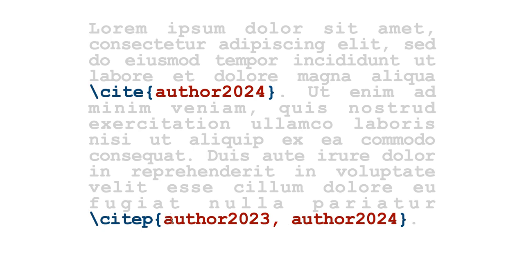Now notice that in the case of citep, where we have multiple tags inside the curly bracket, we're also going to capture all of the commas and all of the potential white spaces. So in our Python code, we're going to have to handle that and extract the individual tags.